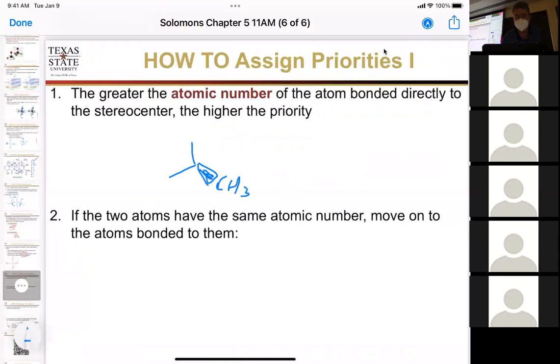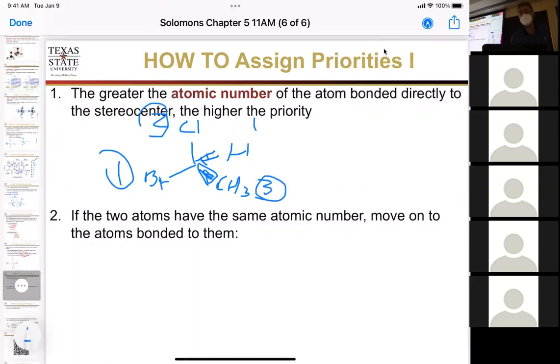CH3, hydrogen, chlorine, and bromine. So on this one right here, we would have 1 for the bromine, 2 for the chlorine, 3 for the carbon, and 4 for a hydrogen. Hydrogen's always going to be 4, by the way, because it's the lowest number.